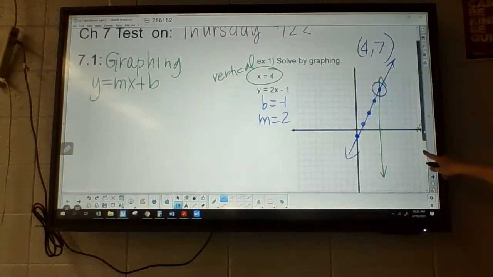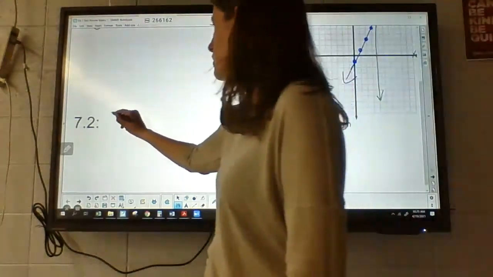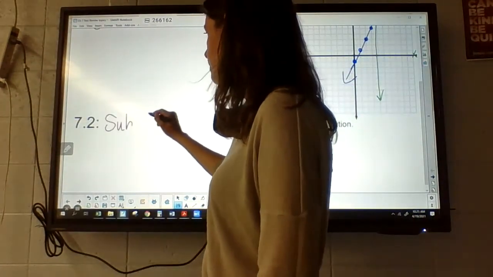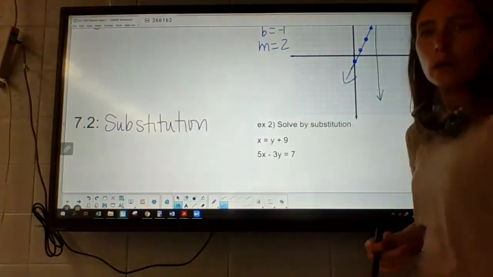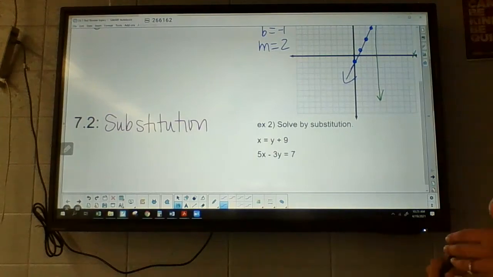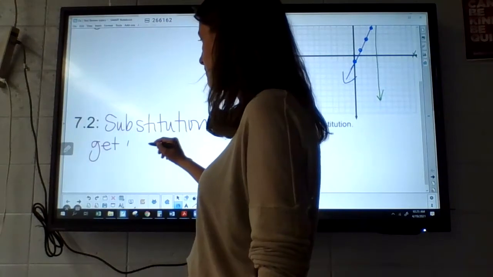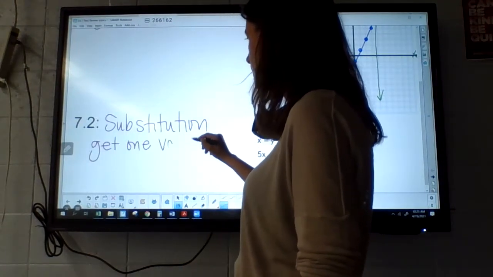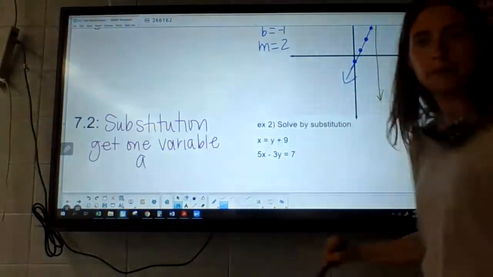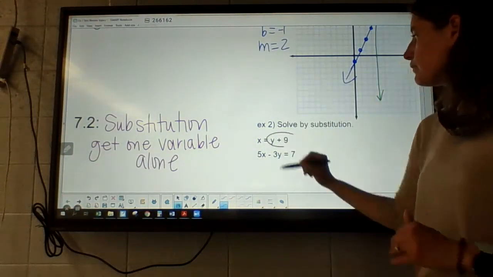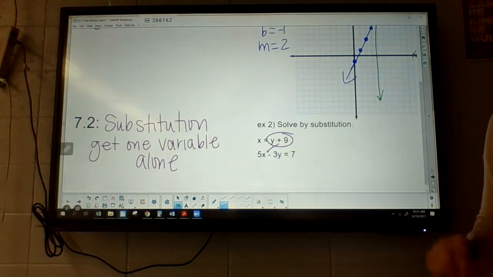The next problem we're going to solve by substitution. Remember, that's where we want to get one variable alone. So this one, the x is already alone, so I'm going to substitute that into the other equation in place of x.